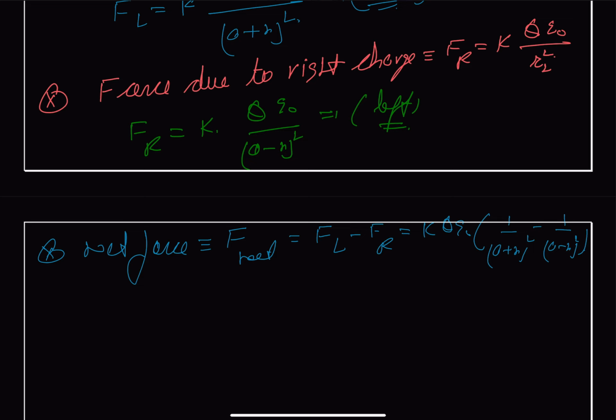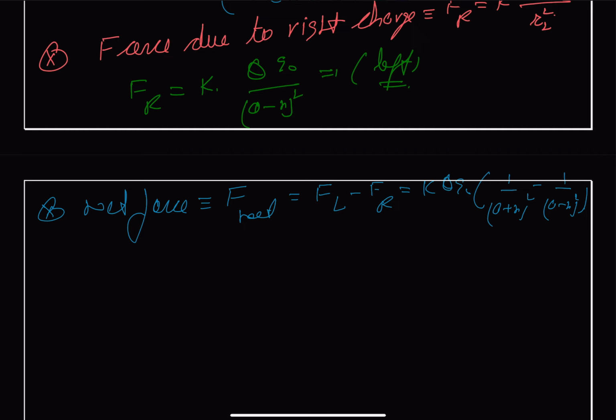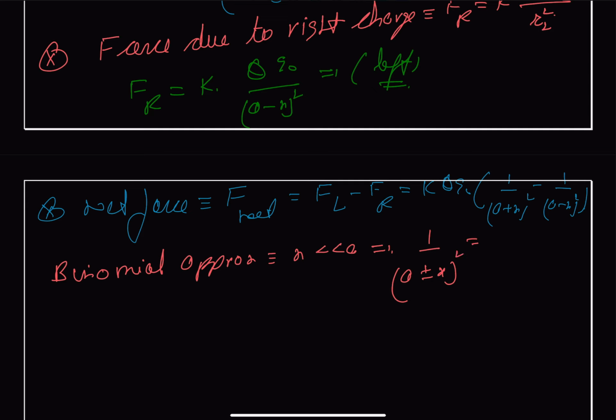And we are going to use the binomial approximation, which gives us that for x which is very small, smaller than a, we can write 1 upon (a plus minus x) whole square as 1 upon a square minus plus 2x upon a cube.